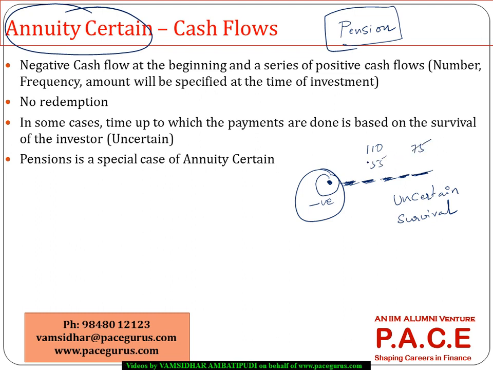So which means the number of payments that would be received on that lump sum investment is uncertain. So the prediction should happen based on the mortality rate, based on the life expectancy. Some kind of predictions may have to be made with respect to the number of years the person would be alive, and based on that the payments can be decided. So this is one more challenging area which has different characteristics with respect to the cash flows.